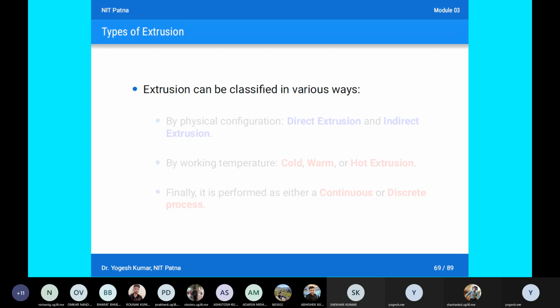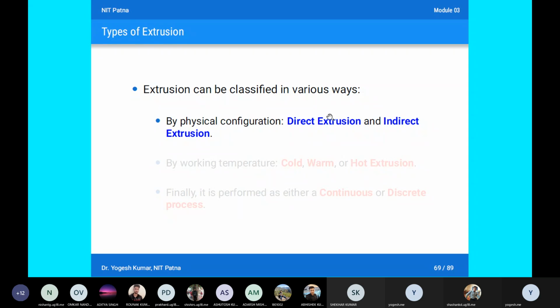Now we will come to the classification of extrusion processes. How are these extrusion processes classified? There are various ways. The first way is by the configuration of your arrangement. By configuration, it is called direct extrusion or indirect extrusion.